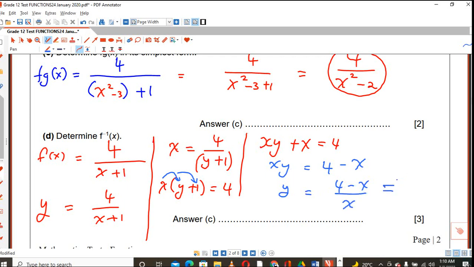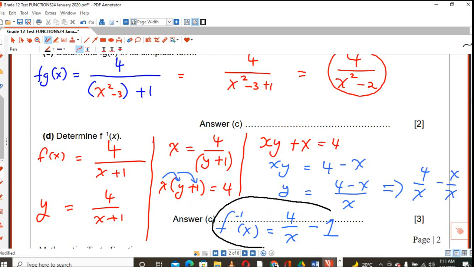Well, this can actually be written as 4 over x minus x over x, which means that the inverse can now be written as 4 over x minus 1, because that 1 is the same as x over x. Okay, so this is the answer for this particular question.